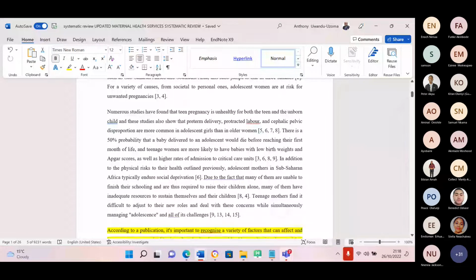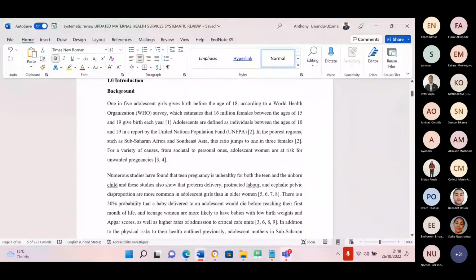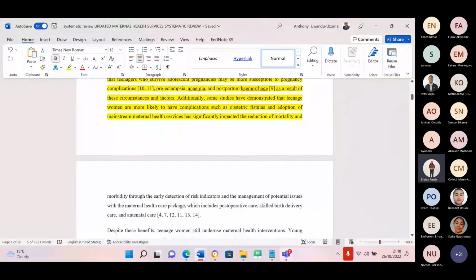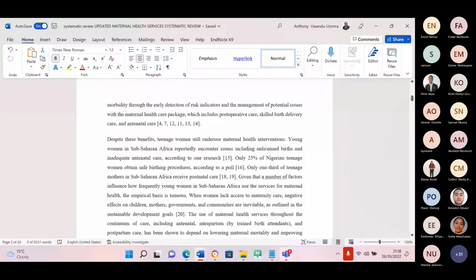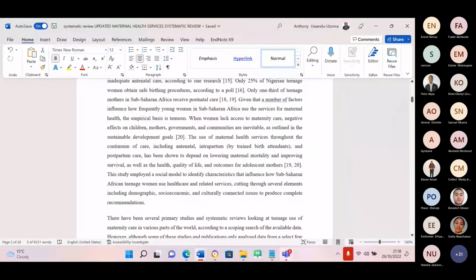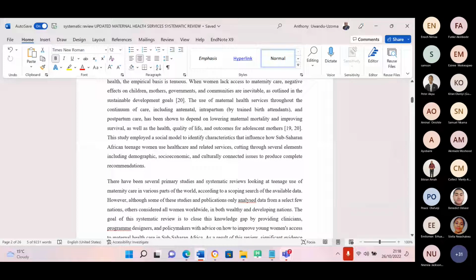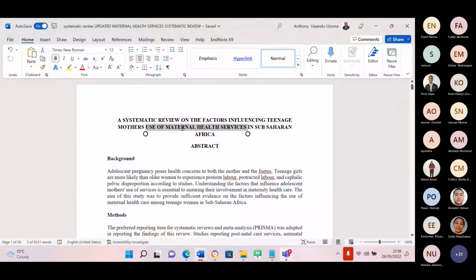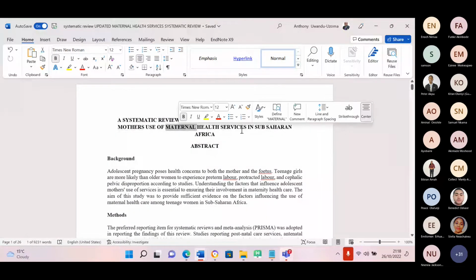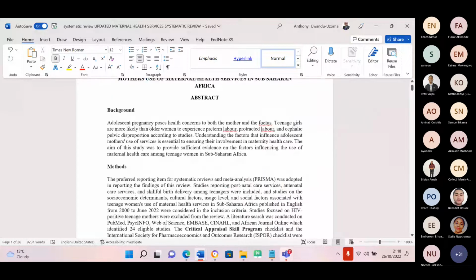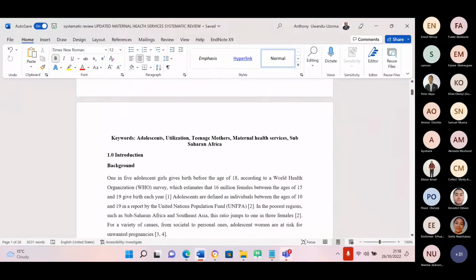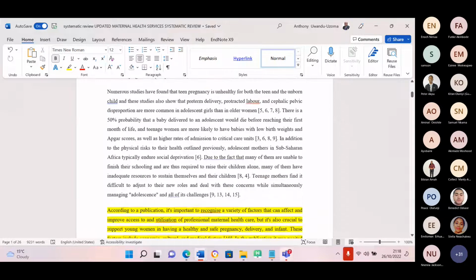It's a broad concept, so I'm trying to scroll and see where I'll find the definition. You must define your concepts very, very well.